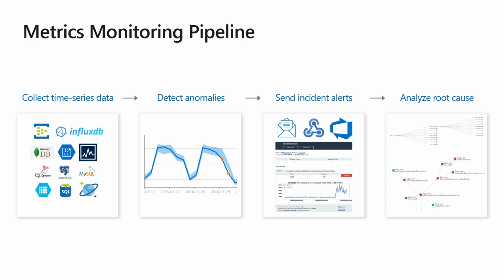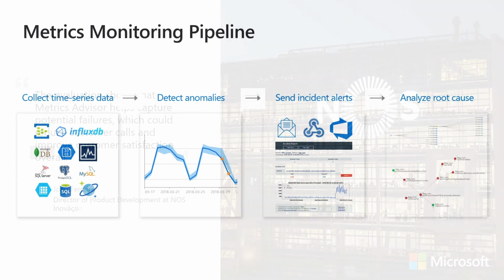Incidents trigger alerts through emails, webhooks, and Azure DevOps. With dimension tree and metrics graph, Metrics Advisor quickly shows you the key drivers of the problem. And Metrics Advisor is intelligent, scalable, and can be implemented in a simple manner.